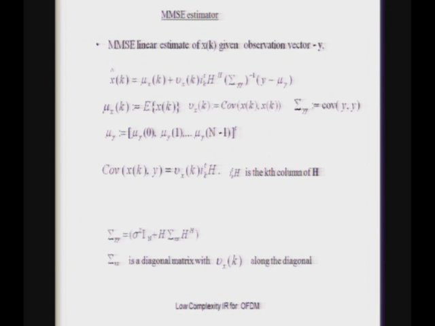Just a primer on the MMSE estimator before we get into those schemes. The estimate is the conditional mean plus variance times the kth row of H, that is i_k, times the inverse of the covariance of the observation vector times the observation vector minus the mean of that, a standard expression.